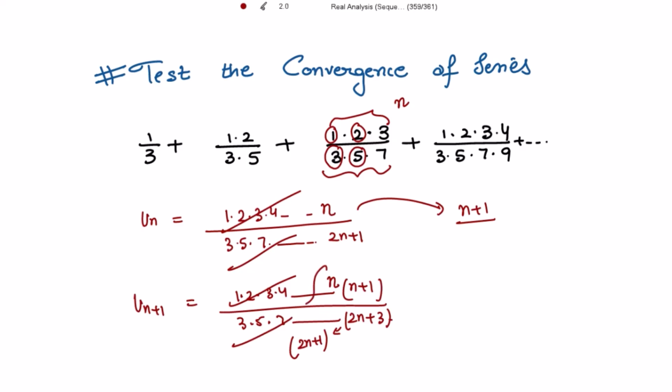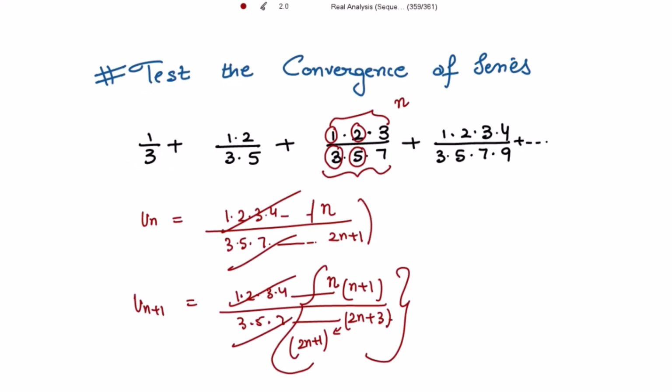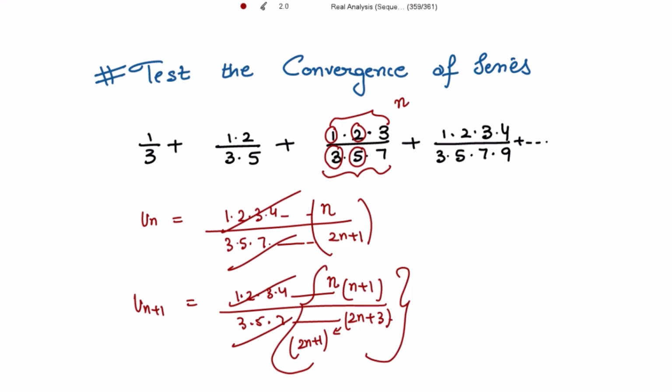So let's take these together. Now let's take the limit on un divided by un plus 1. Un is n divided by 2n plus 1, into un plus 1 is this complete ratio.